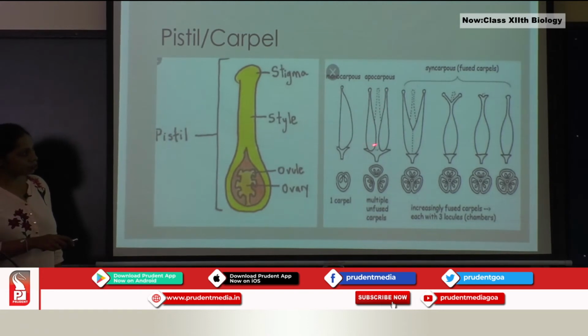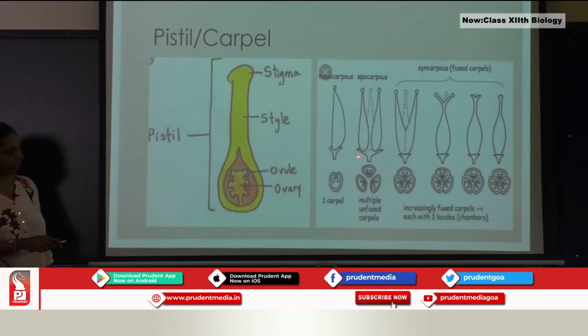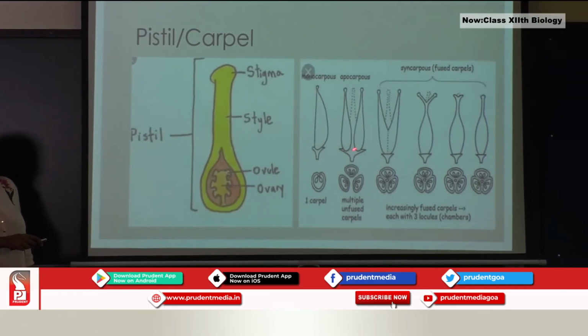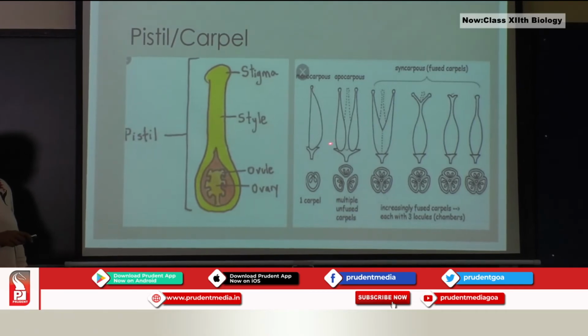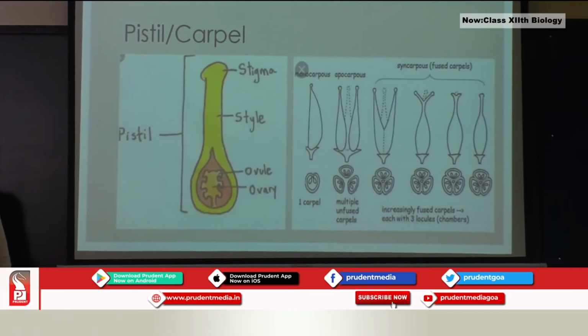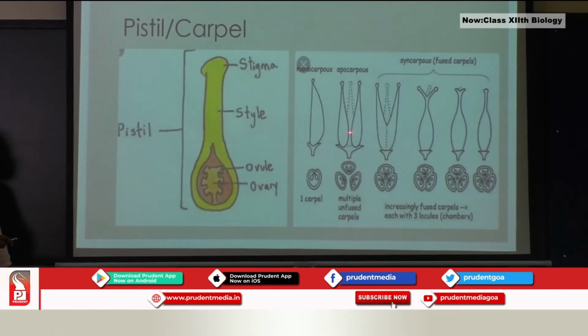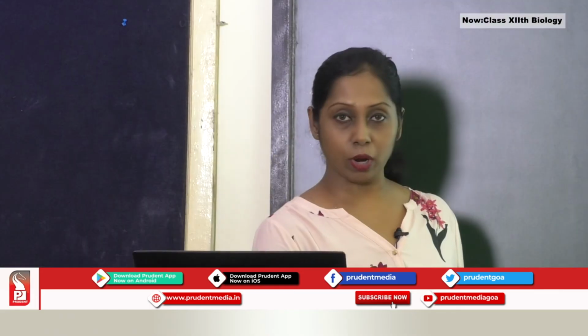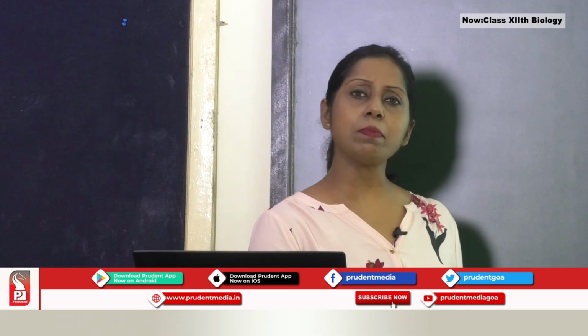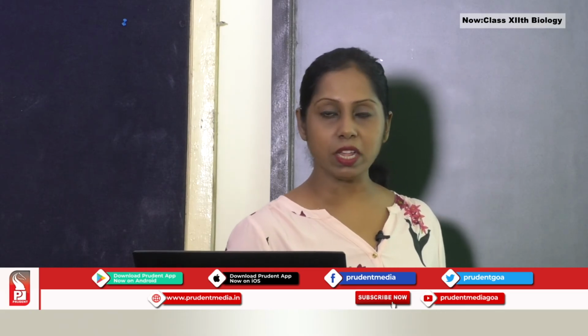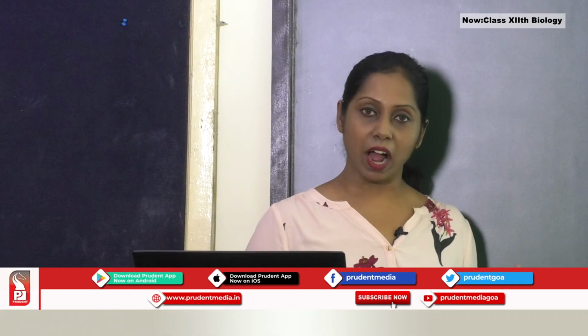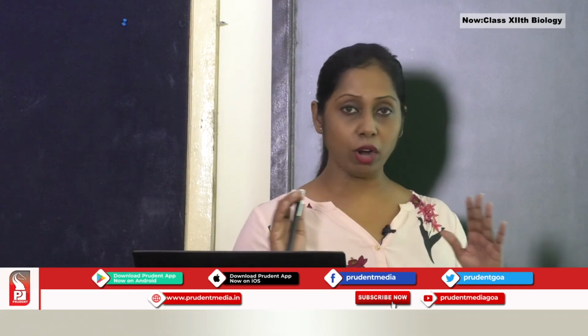But are they joined together on the thalamus of the flower here? No. They are no doubt 3 in number, but they are free. They are not fused together. Therefore, this condition is going to be called apocarpous condition. What do you understand by apocarpous condition? It means that there are more than one carpel and they are free and not fused.